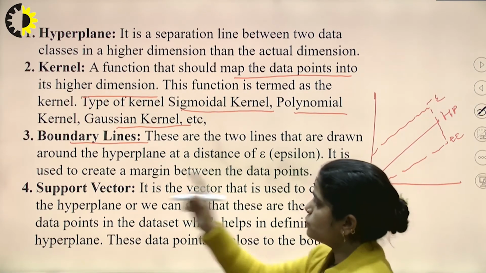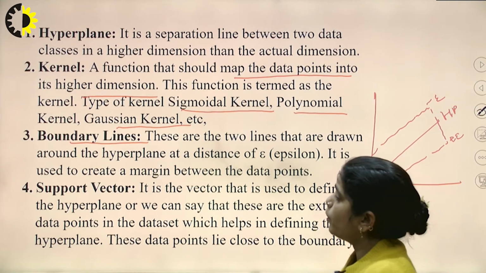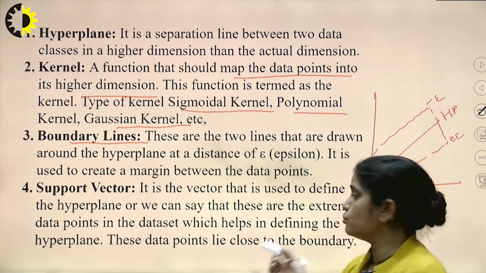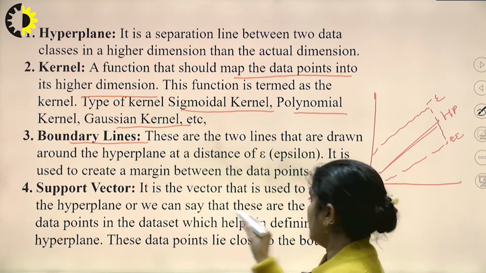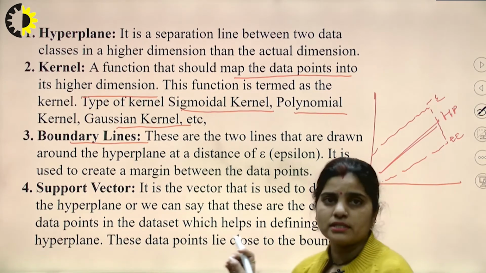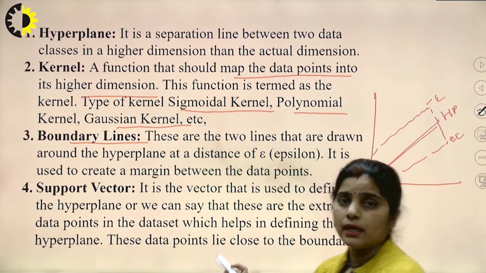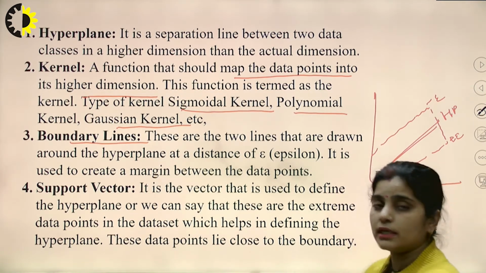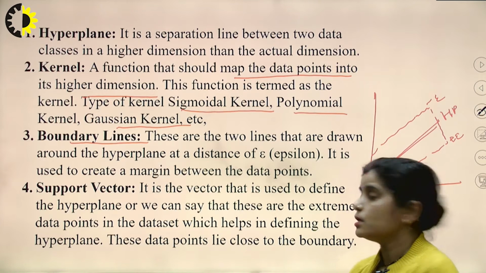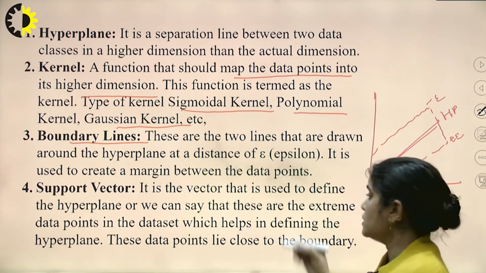It is used to create a margin between the data points. Next one is support vector. This is the vector which is used to define the hyperplane, or we can say these are the extreme data points in a particular data set which help in defining the hyperplane, and these data points lie closest to the boundary. The data points which lie closest to this boundary are termed the support vectors.